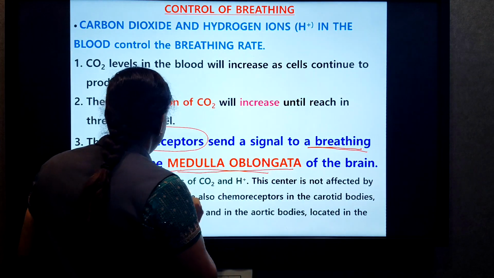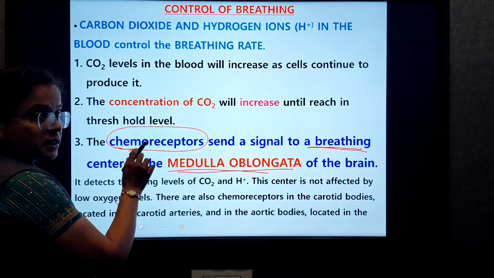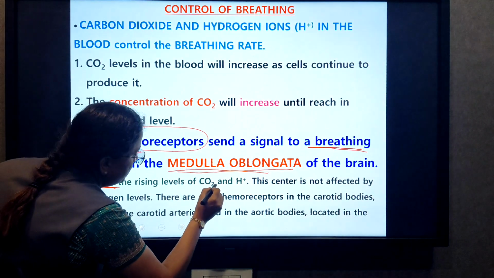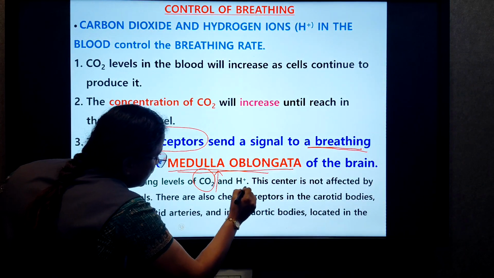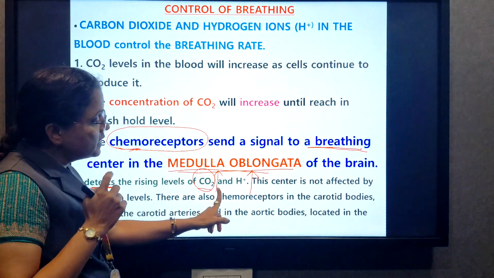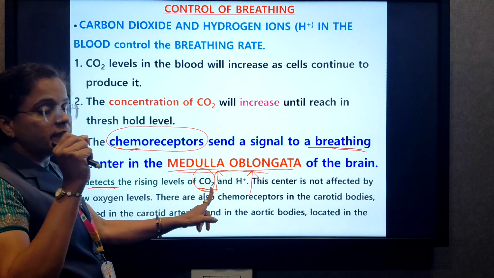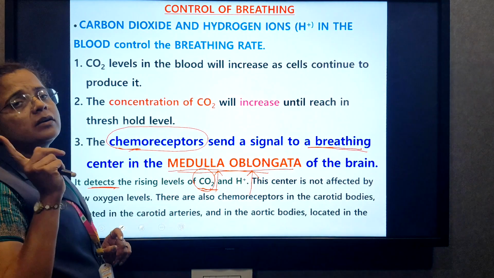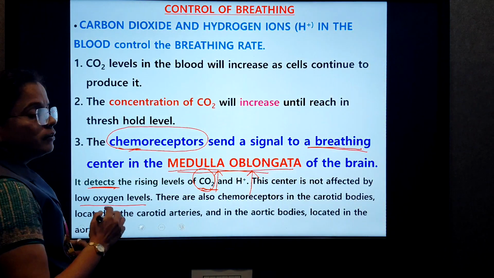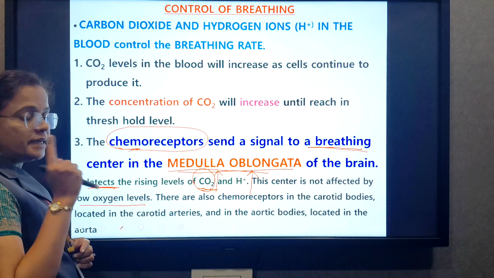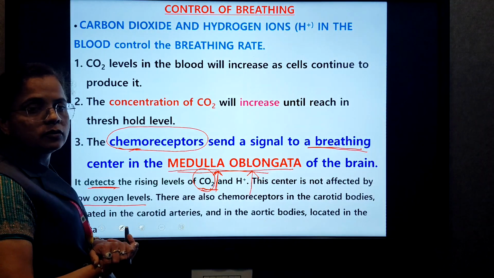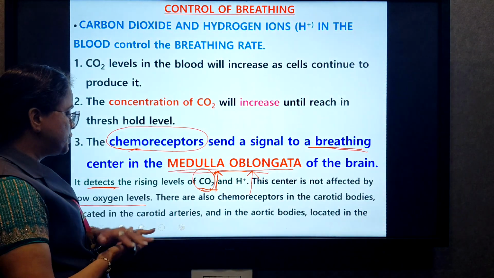The chemoreceptors give a signal to the medulla oblongata due to the rising level of carbon dioxide and hydrogen ions. So carbon dioxide is the main thing controlling breathing, not oxygen. This center is not affected by low or high oxygen level; it is affected by the signal of a high concentration of carbon dioxide and hydrogen ions.